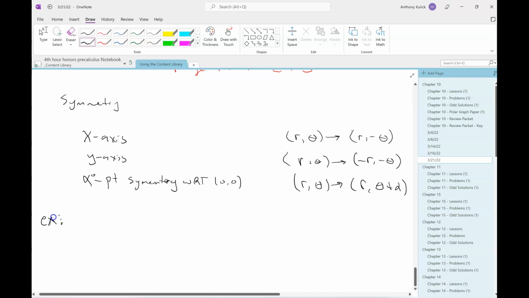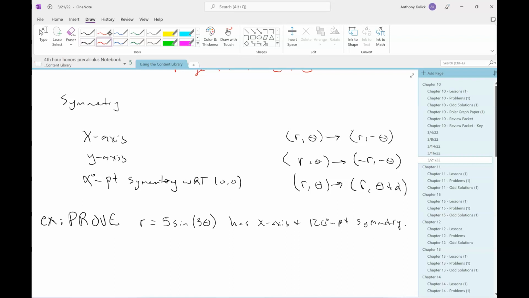So let's just do a little example here. Let's say we want to prove that r equals 5 sine 3 theta has x-axis and 120 degree point symmetries.